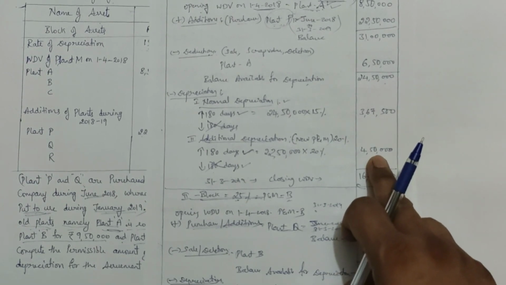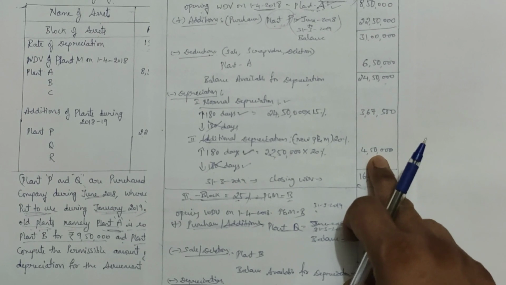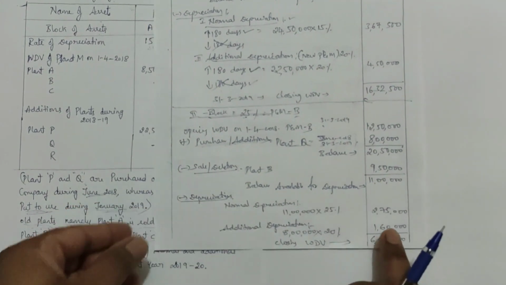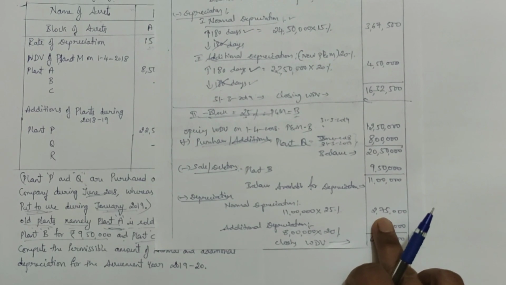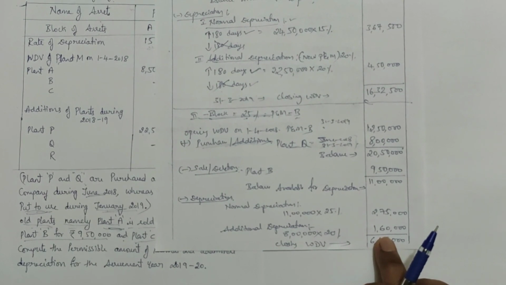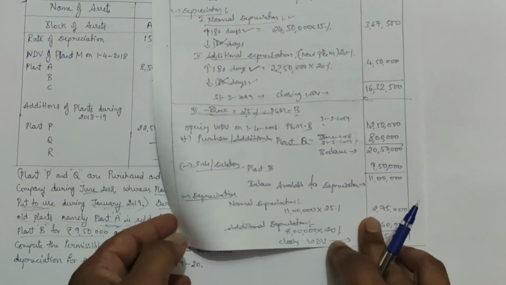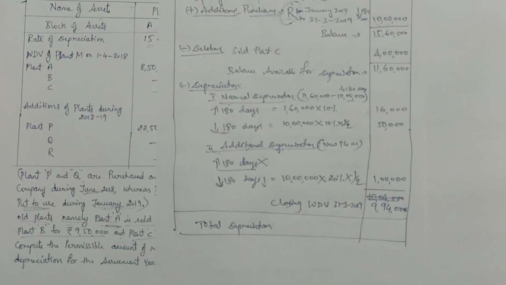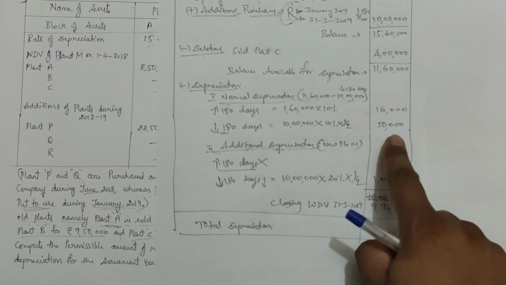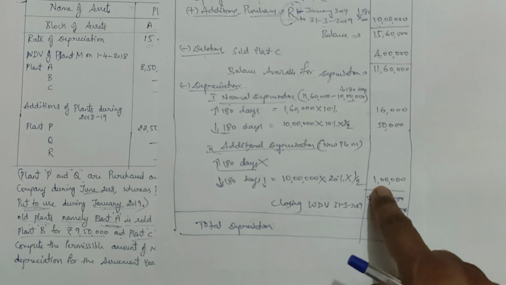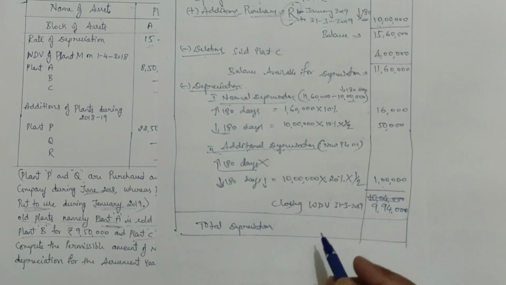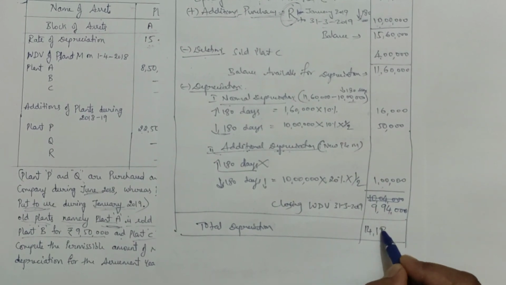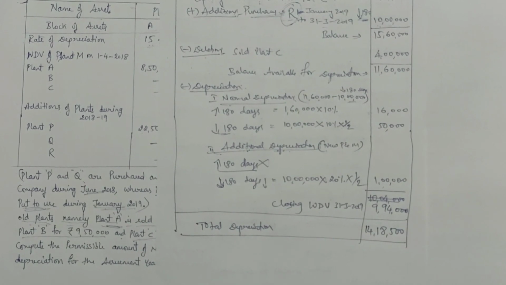And even here we have 4,50,000, plus next second block here we'll take 2,75,000 plus 1,60,000. Then block number 3, here we had 16,000 plus 50,000 plus 1 lakh. So total we will get 14,18,500.